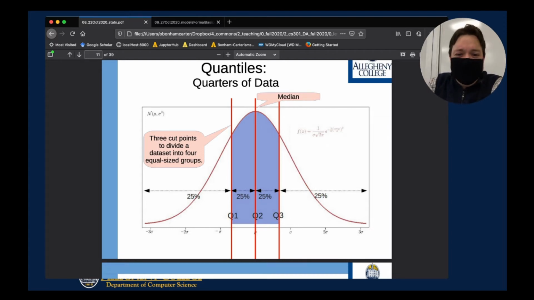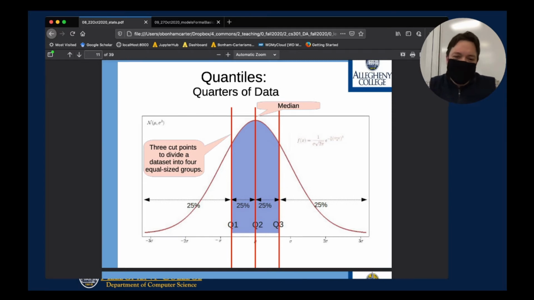Remember these quantiles? With quantiles, we're talking about where the data is actually falling. Most of your data will fall between quantile 1 and quantile 3 in this blue section. That's like your 50%, and you expect most of your data to fall in that area if this is a normally distributed data set.